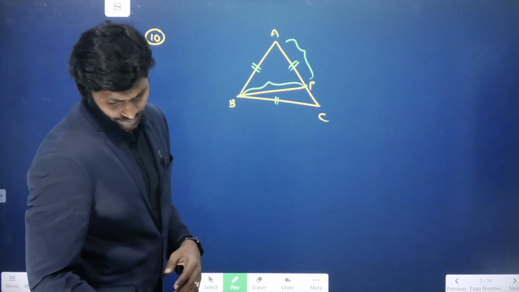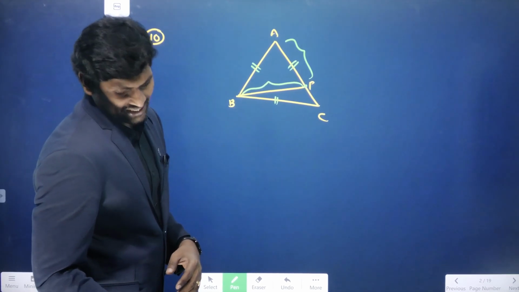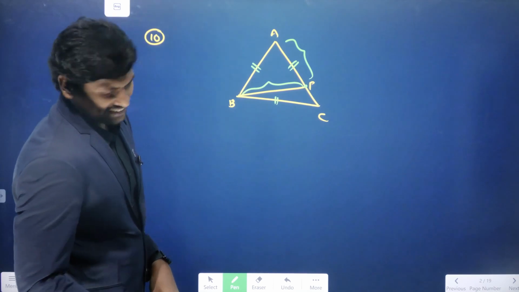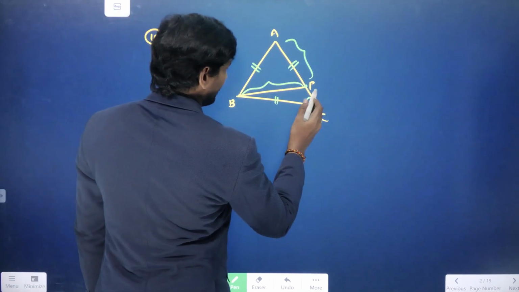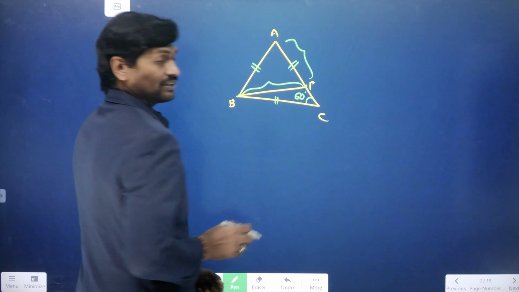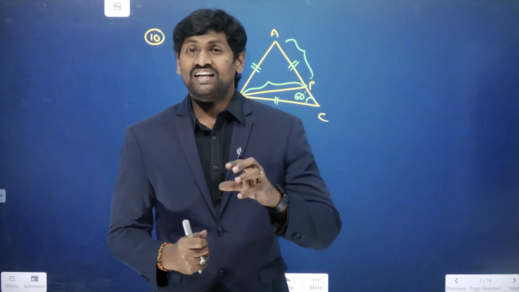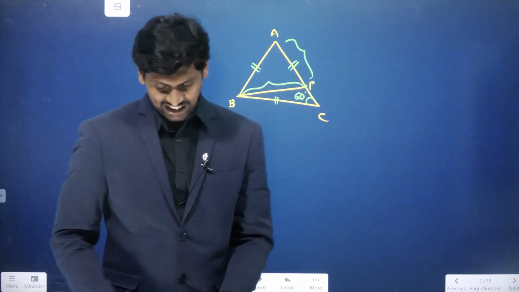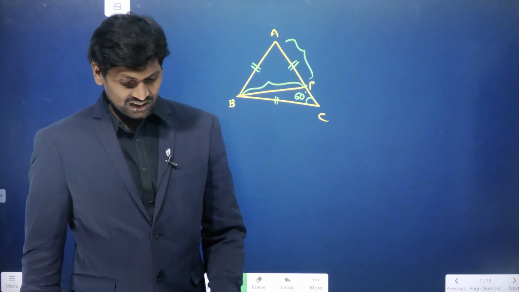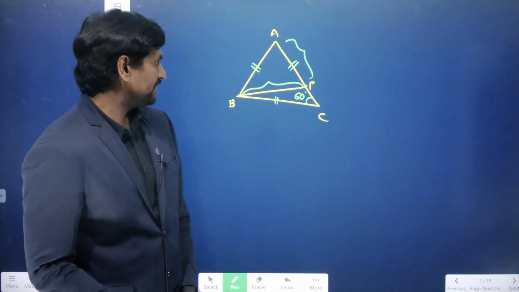BP length is greater than PA or not? Or the second option, angle ACB is 60 degrees. ACB 60 degrees. Yes, it is the correct option, because if a triangle has all sides equal, we can consider each angle is 60 degrees in an equilateral triangle. And the third one, BP is greater than PA.